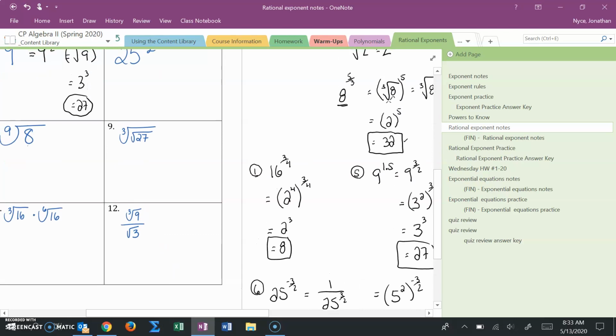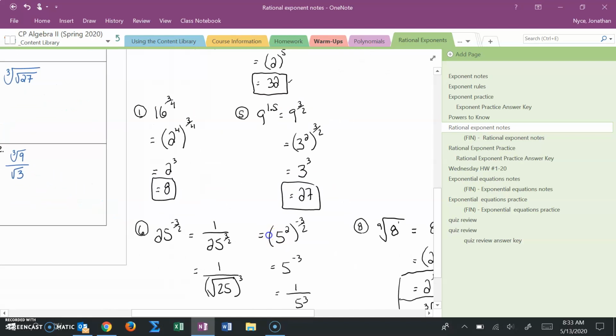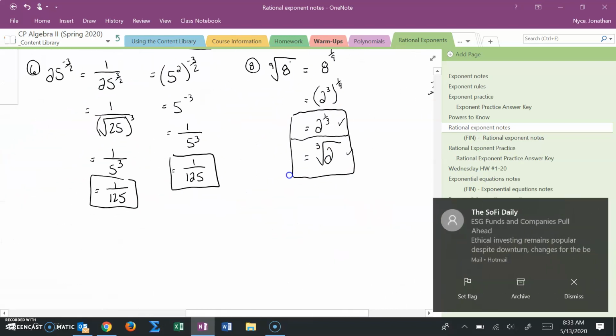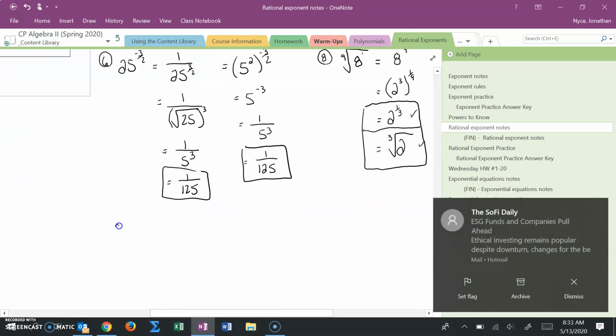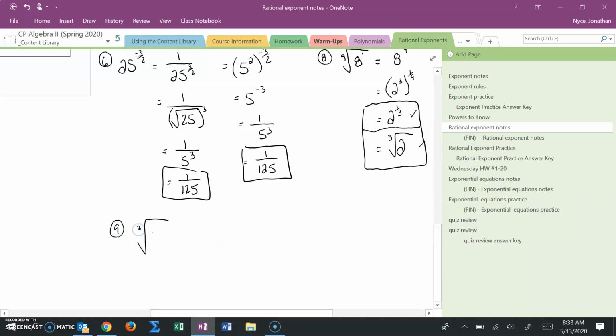Number 9, the cube root of the square root of 27. We'll do this one over here also. The cube root of the square root of 27. So same thing as number 8. We're going to put this into fractional exponents or rational exponents.